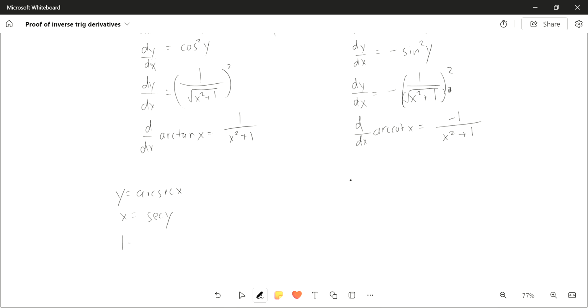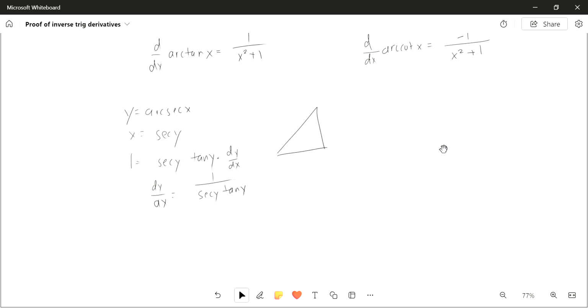That means x is equal to secant y. Differentiate both sides and you get secant y multiplied by tangent y multiplied by dy over dx. So that means dy over dx is equal to 1 over secant y and tangent y.